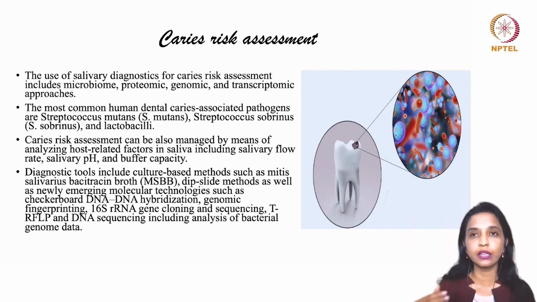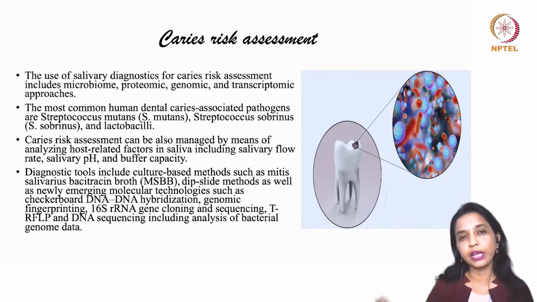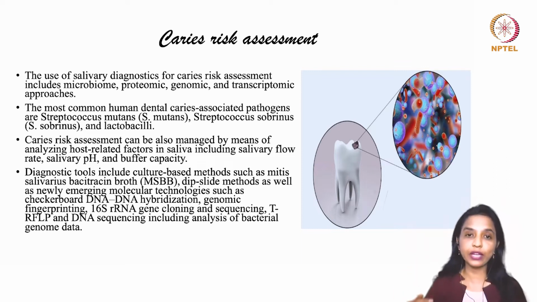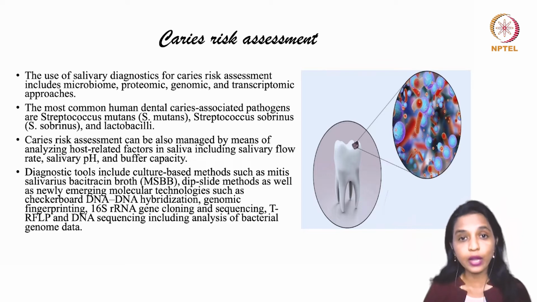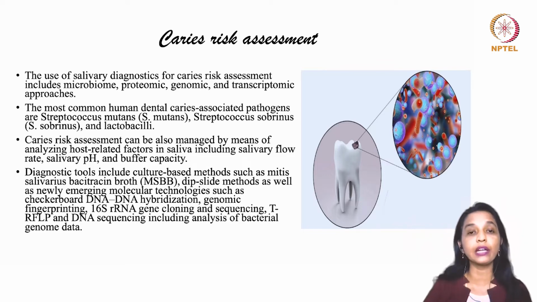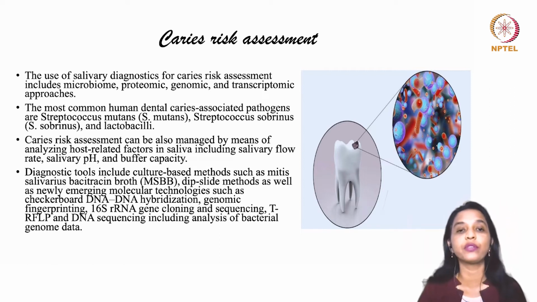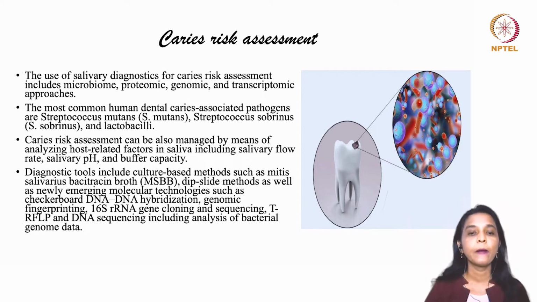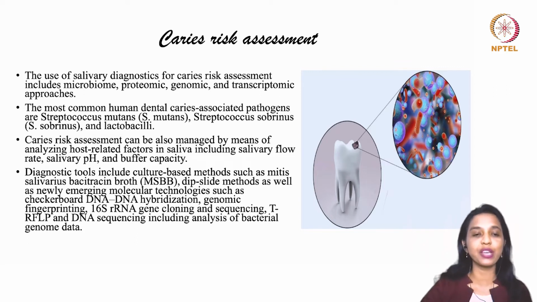This can be done in very young children, so that the parents can be advised on how to manage or prevent caries. There are also very simple things which saliva can offer as far as caries risk assessment is concerned. That is to monitor salivary flow rate, salivary pH, and buffer capacity.